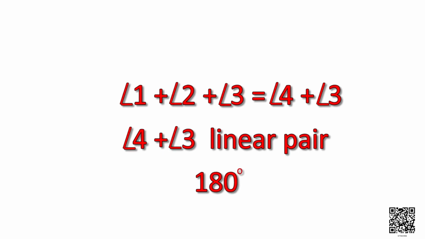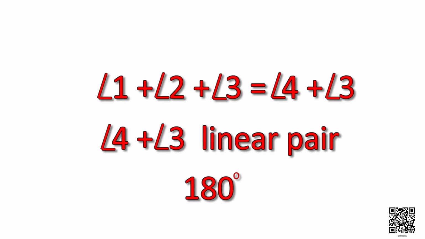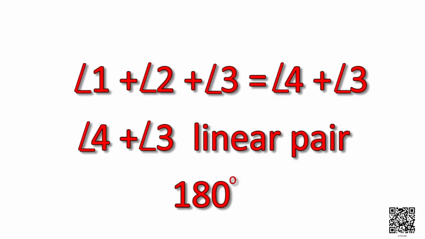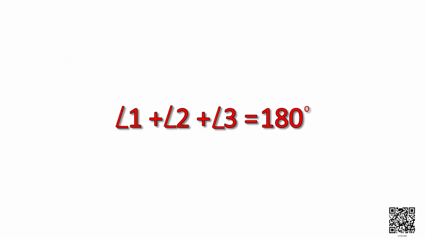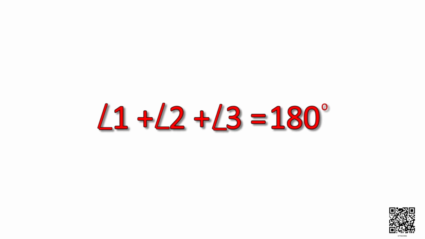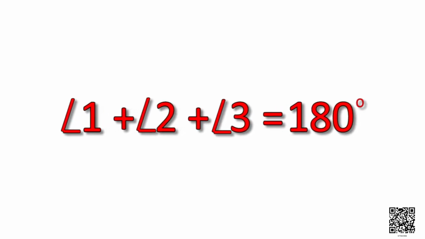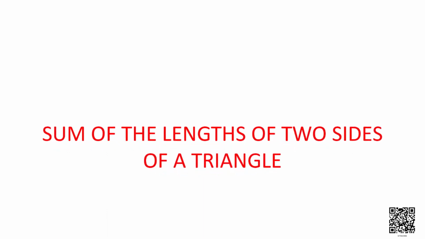Then angle 1 plus angle 2 plus angle 3 is equal to angle 4 plus angle 3, if we add angle 3 to both sides. But angle 4 and angle 3 form a linear pair, so it is 180 degrees. Therefore, we can say that angle 1 plus angle 2 plus angle 3 is equal to 180 degrees. Hence, it is justified.